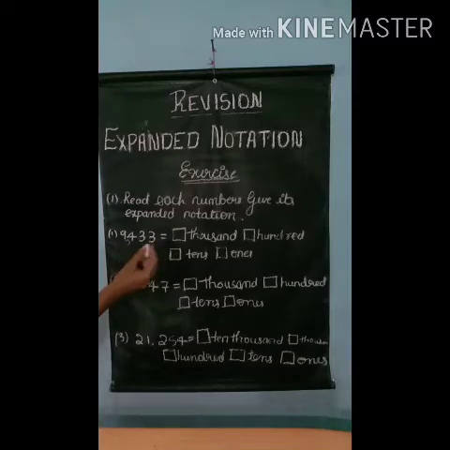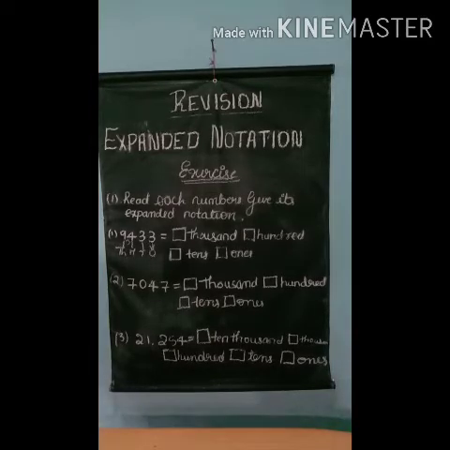So first we label the place values: ones, tens place, hundred, thousand place. Okay. So what is the expanded notation? A number is represented as the sum of each digit in a number multiplied by its place value.